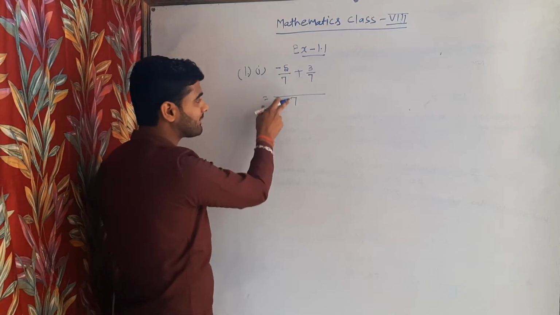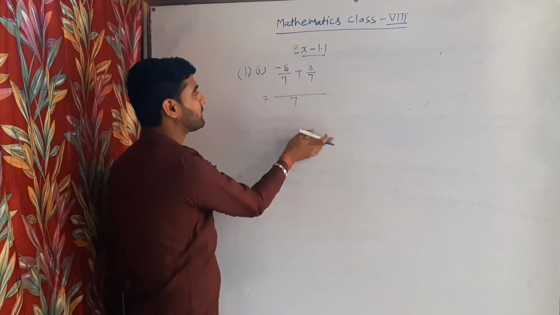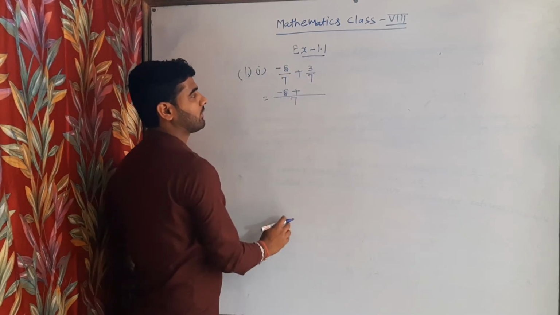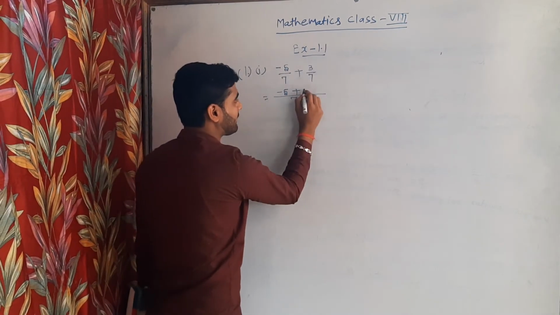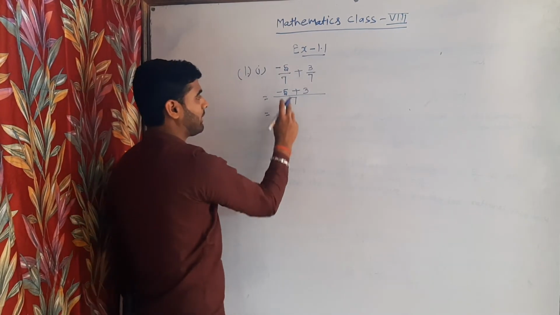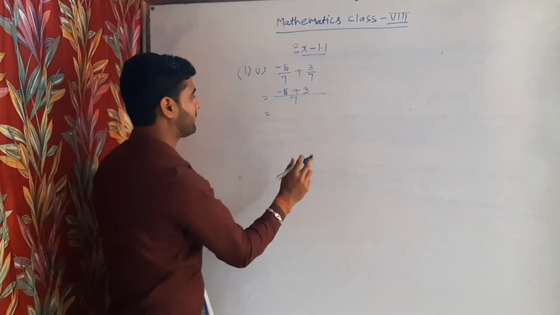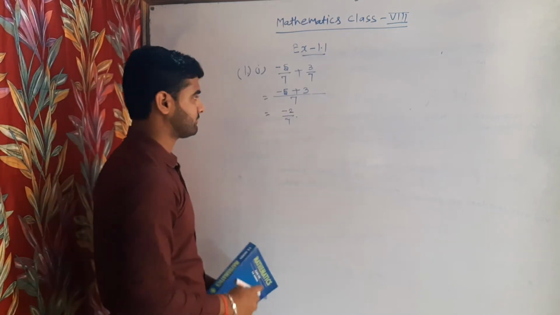When we divide 7 by 7, the result is 1, and 1 is multiplied by minus 5. Then here comes minus 5 plus, same thing happens there, and here comes 3. Minus 5 plus 3, that means 3 minus 5. So the result is minus 2 by 7.